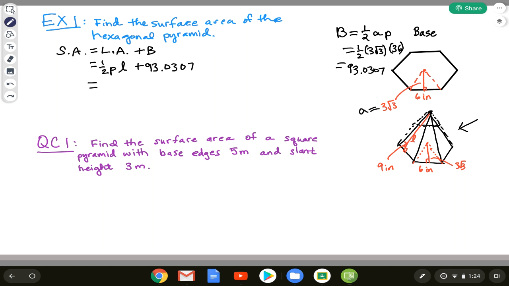Now I just need to figure out 1/2 times the perimeter of the base times the slant height. We already know the perimeter of the base was 36, so this will be 1/2 times 36 times the slant height, which was given as 9 inches.